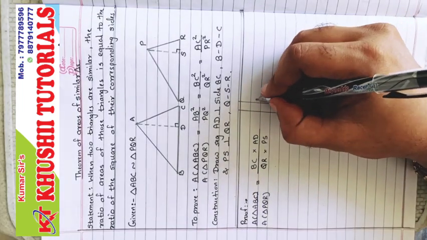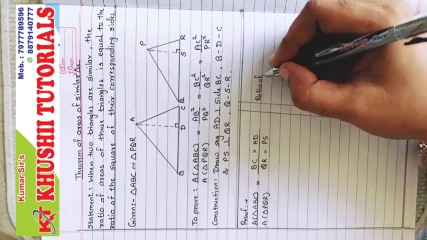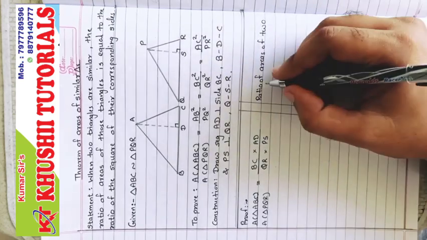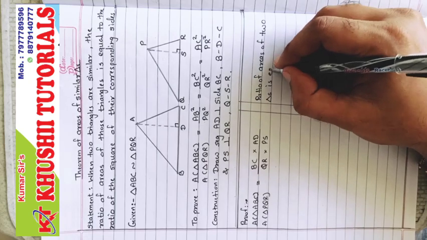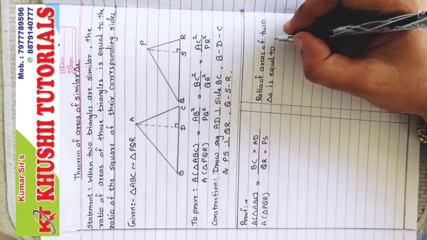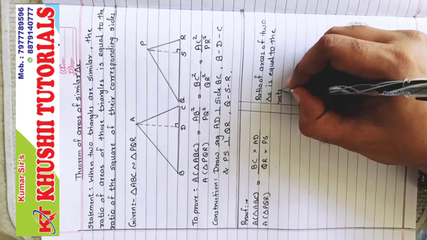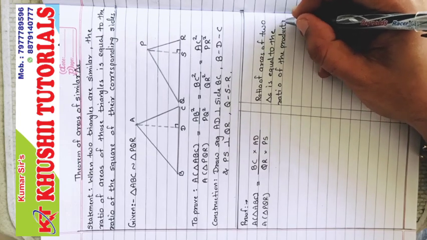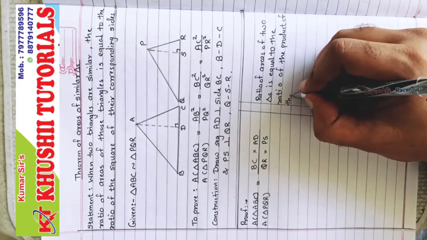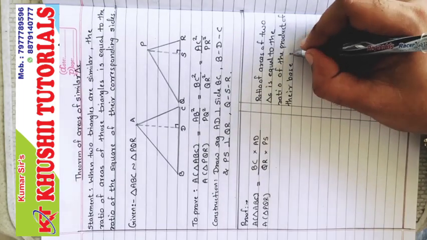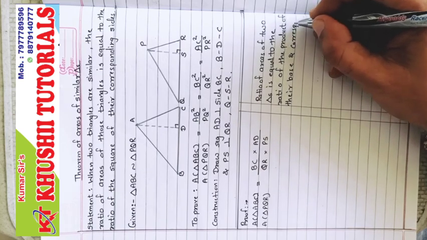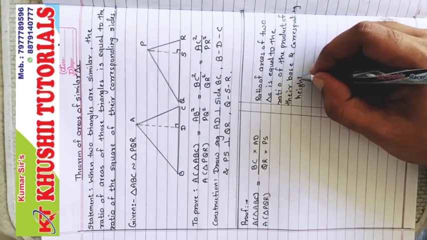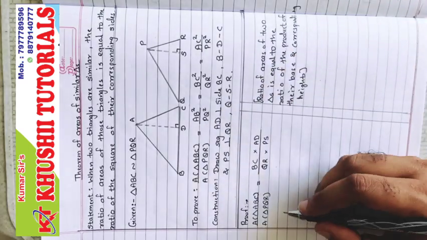The reason will be: ratio of areas of two triangles is equal to the ratio of the product of their base and corresponding heights. Yes, you have to write this full statement. Now we will separate them.